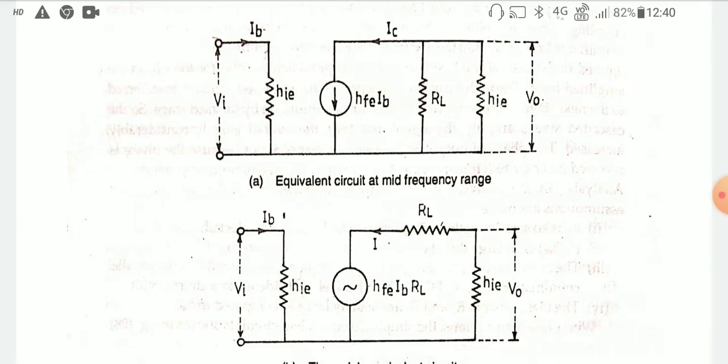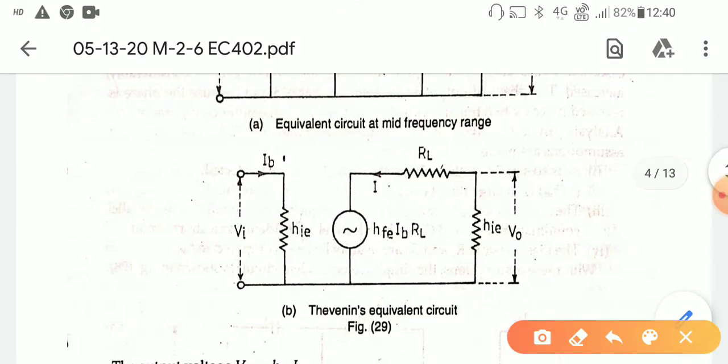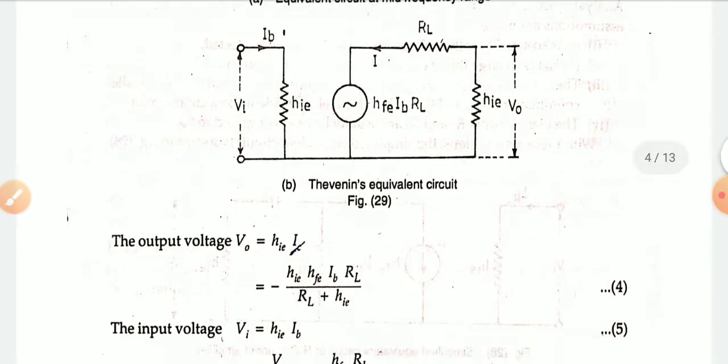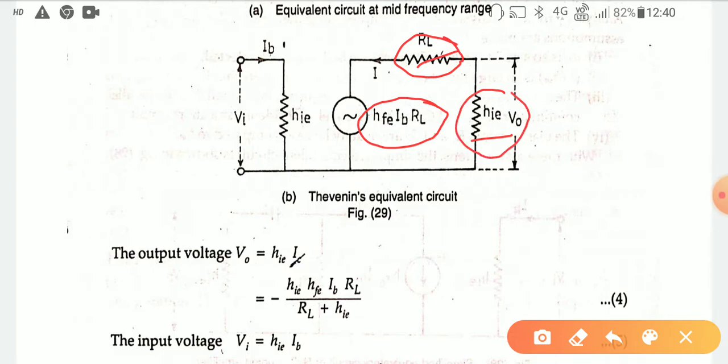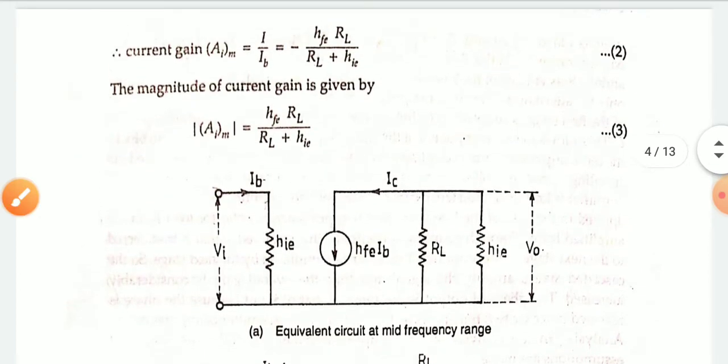From this Thevenin equivalent circuit, using KVL for this section, we get that h_fe i_b R_L is equal to I into R_L plus h_i into I, because the input voltage should be equal to the sum of the voltage drop across R_L and the voltage drop across h_i. So you just use this KVL equation.